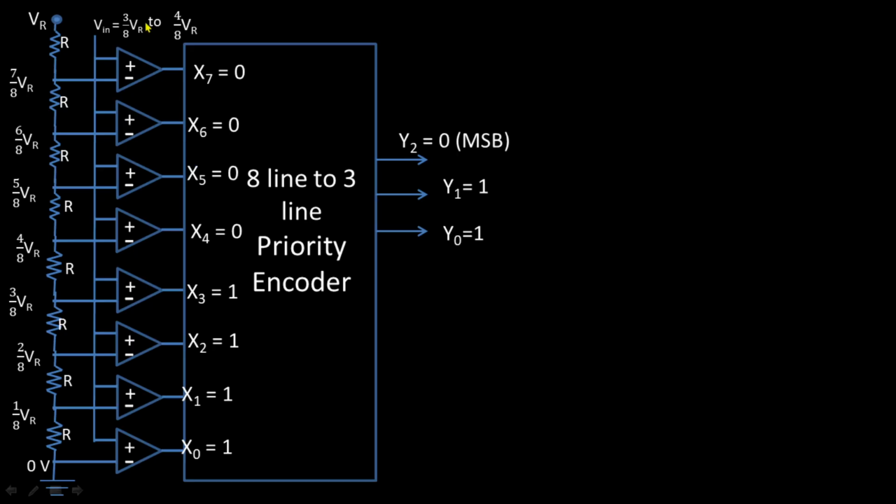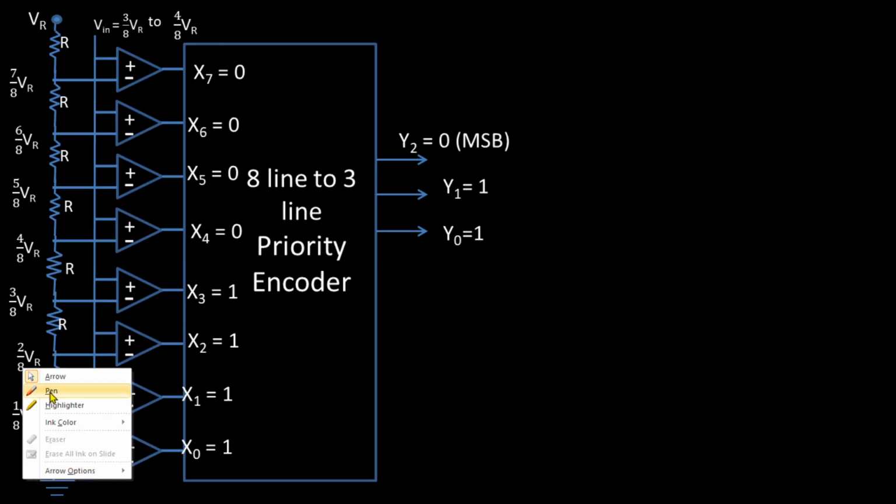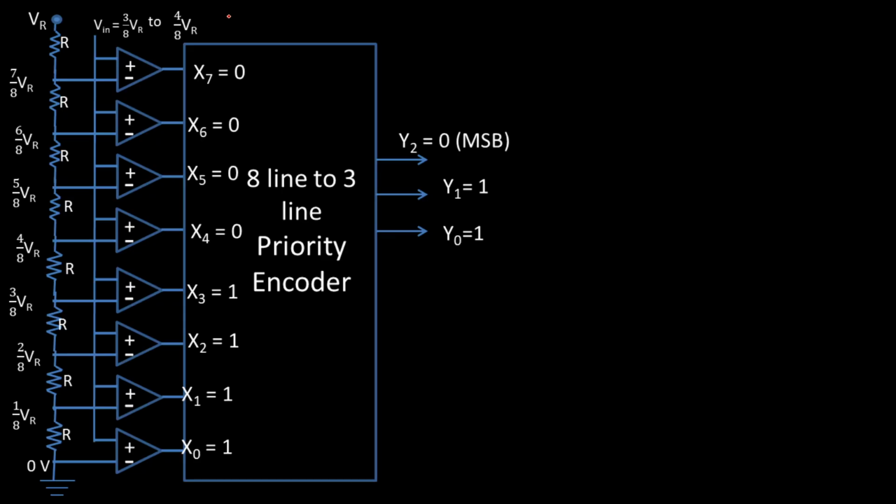Next example, suppose that Vn equal to 3/8 Vr to 4/8 Vr, that is greater than 3/8 Vr and less than 4/8 Vr. To take a numerical example, we can assume 3.5 volts, that is greater than 3 and less than 4 volts, when we assume that Vr is equal to 8 volts.